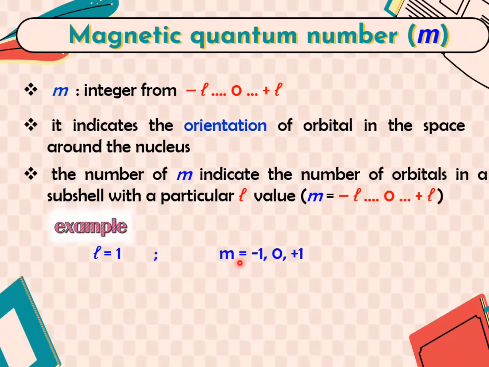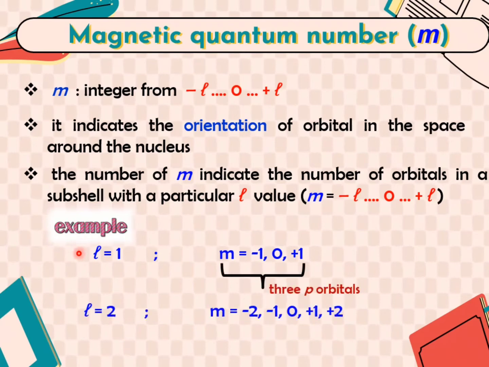So m should be negative 1, 0, positive 1. Like that. Okay, another example. Okay. So if l equal to 2, it's referred to m equal to negative 2. Dia start dengan 2 juga. Negative 2, negative 1, 0, positive 1, positive 2.